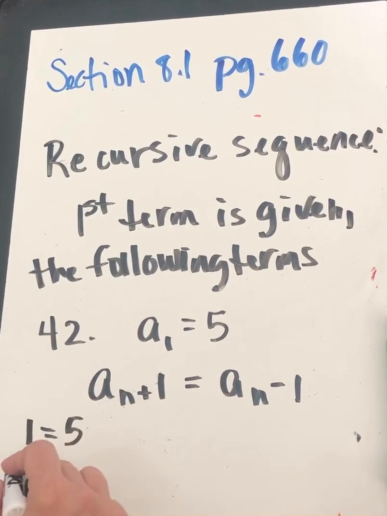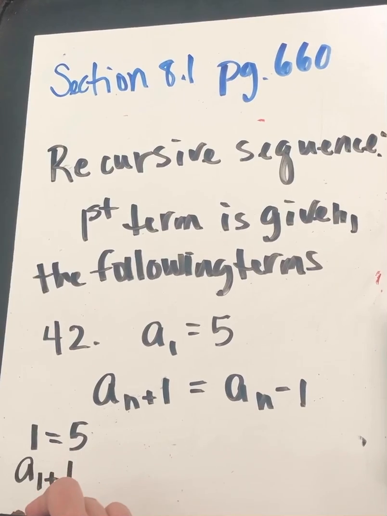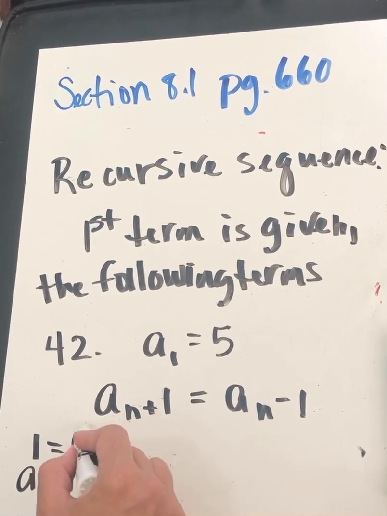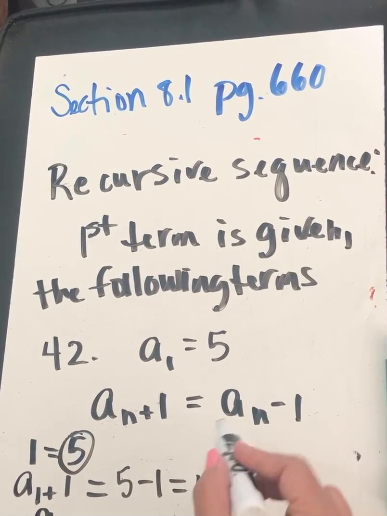So the second term, or a subscript 1 plus 1, would be the previous term, which is 5 minus 1, and that would equal 4.